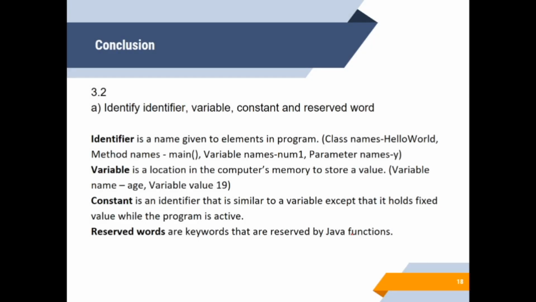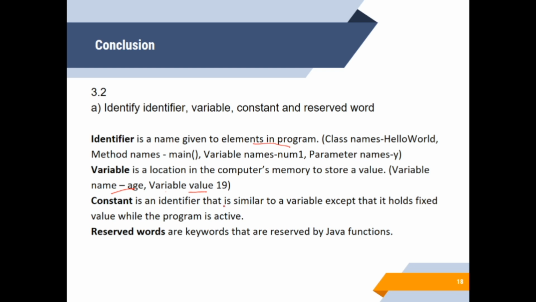Okay, we go to the conclusion. There are four things that you have to know. The first one is identifier. An identifier is a name given to an element in a program, for example a class name, method, variable, or parameter. The second one is variable. A variable is a location in the computer memory to store a value, for example name, age, with value 19.